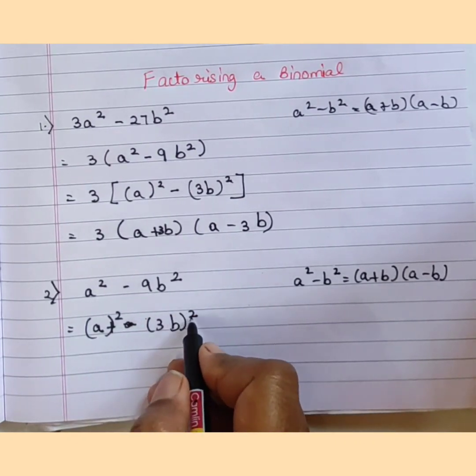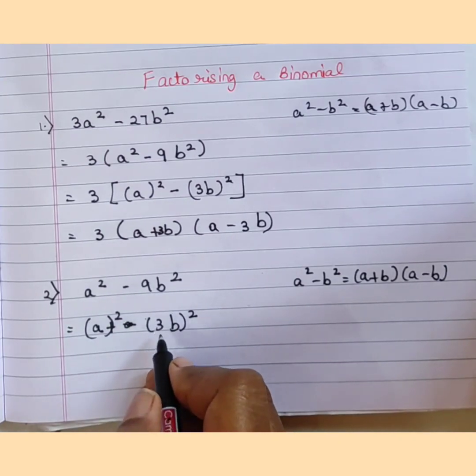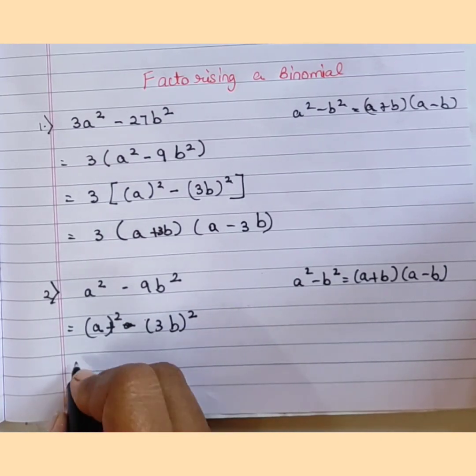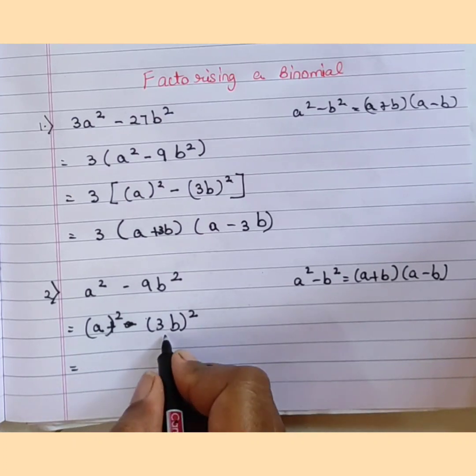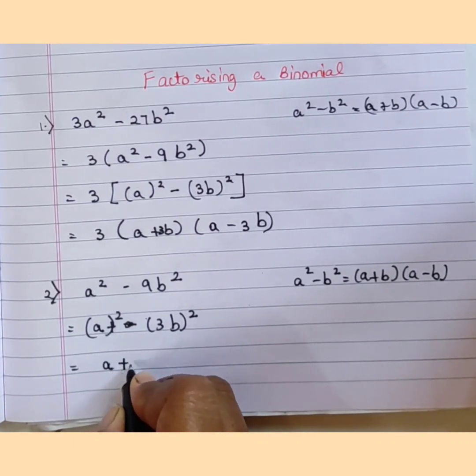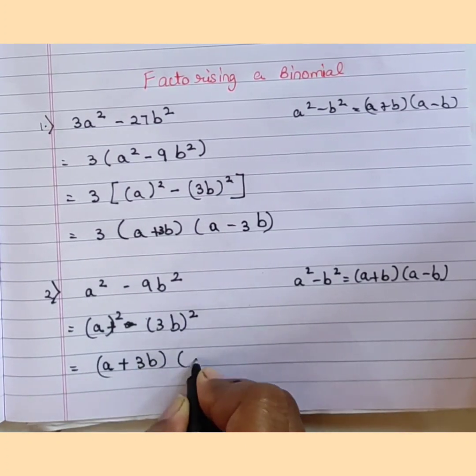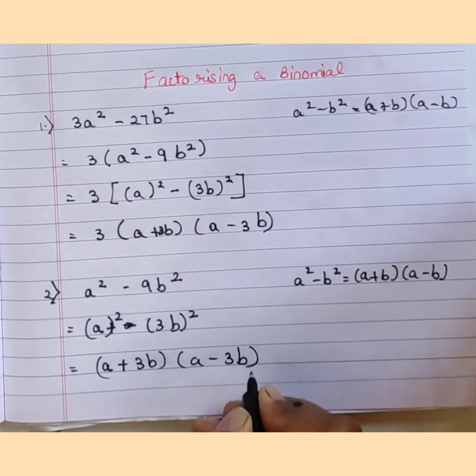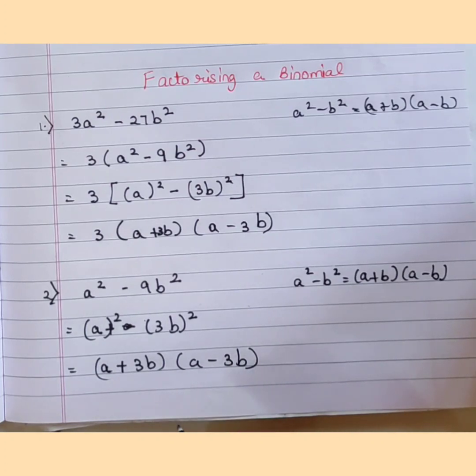Because we are going to square it, 3 into 3 is 9, so if you put it in bracket, it becomes 3b the whole square. So we get a plus 3b and a minus 3b. This is how we are going to factorize the binomial.